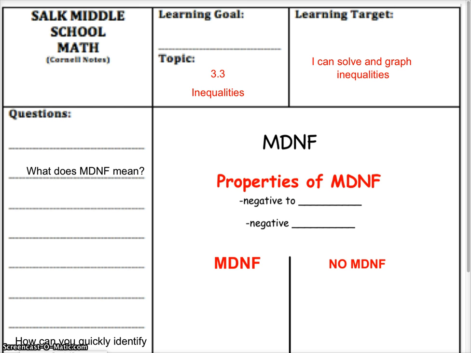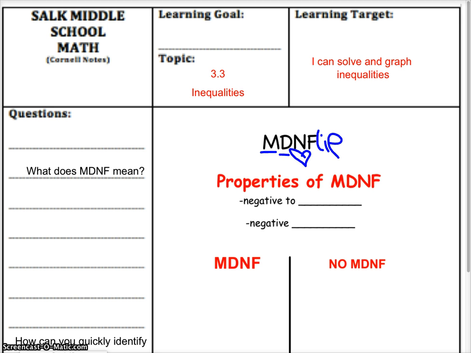So MDNF. MDNF is this thing that you can never forget for all of high school, but it's probably something that you're going to forget. It's one of those things that if you don't use it, you lose it. But it's really important with inequalities. This means that when you solve, if you multiply or divide by a negative, you have to flip the inequality.